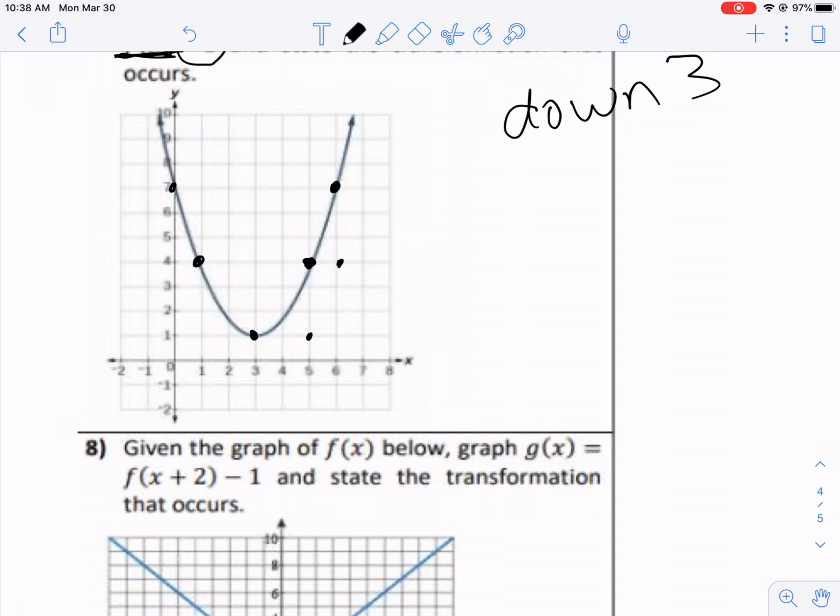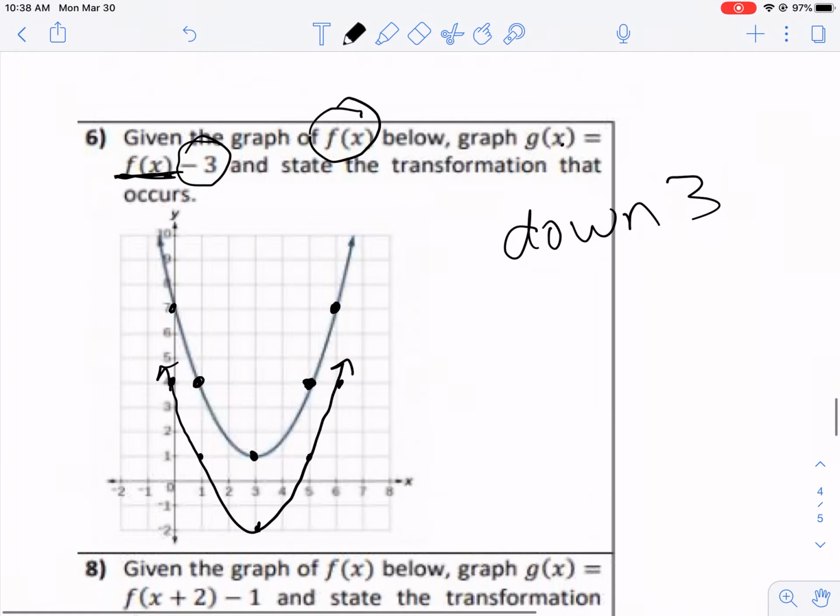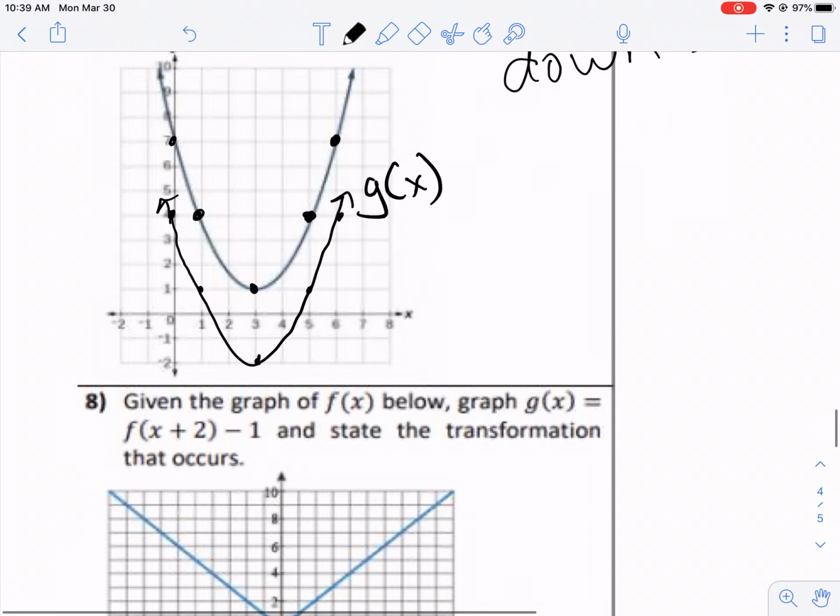Down 3, down 3, down 3, down 3, down 3. Now, they said take their function f of x, shift it down 3, and then we're going to call our function g of x. So make sure you label it.